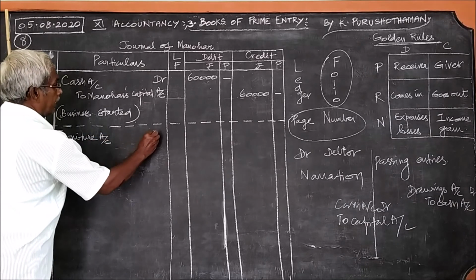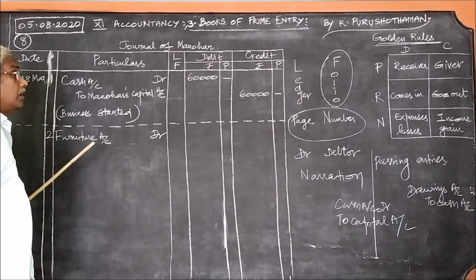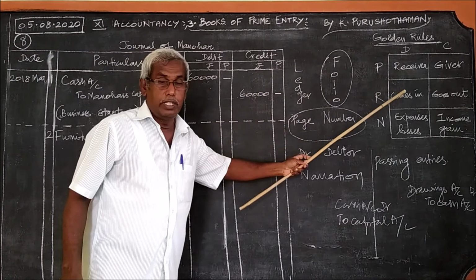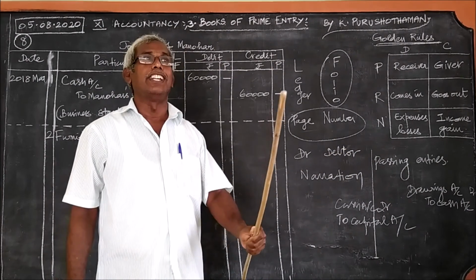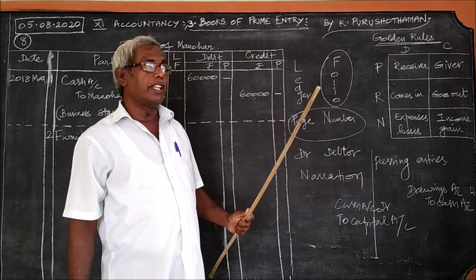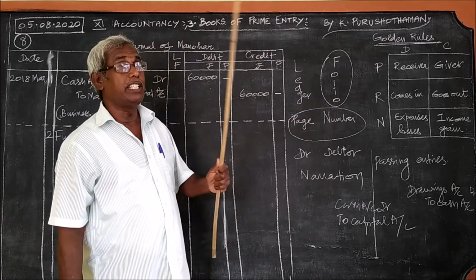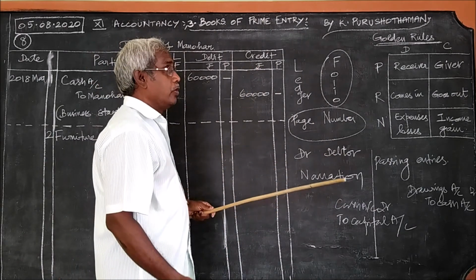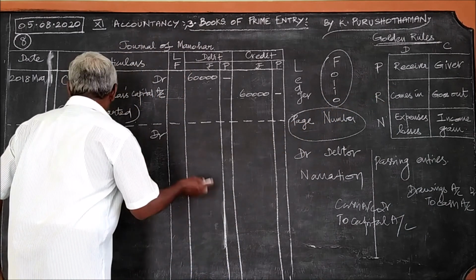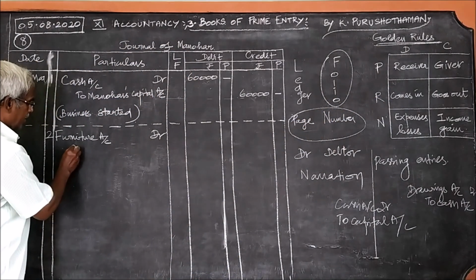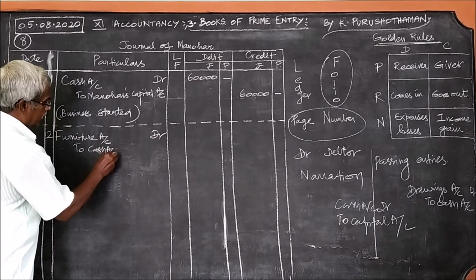You are buying the furniture by paying cash. So when you buy furniture, furniture comes in, you are paying the cash. Therefore, cash goes out. Furniture account debtor to cash account.